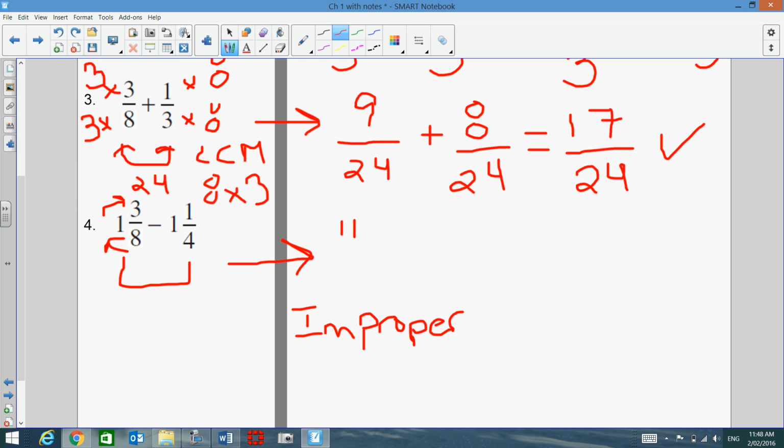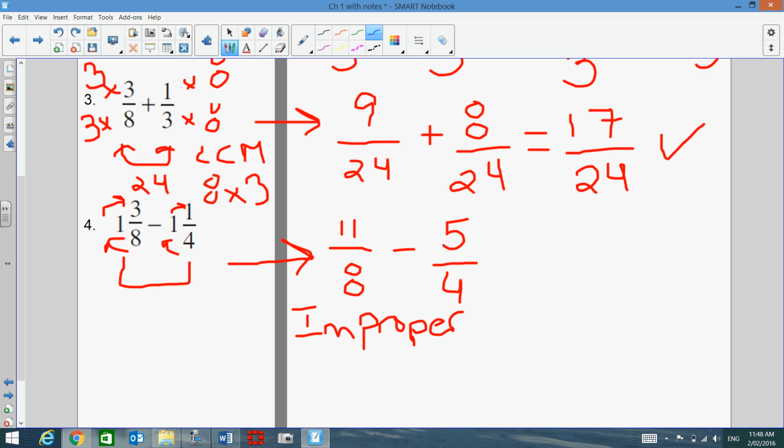I have 11, and then keep my denominator the same. So 11/8 minus 4 times 1 is 4, plus the 1, so I have 5/4. All right, so I haven't even started subtracting yet. All I've done is change it to improper.